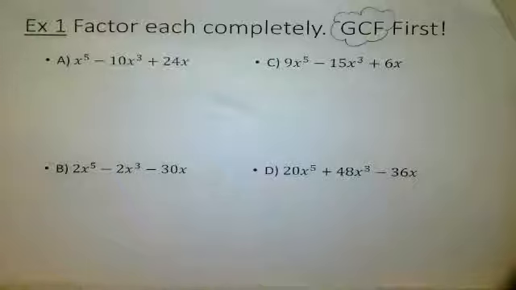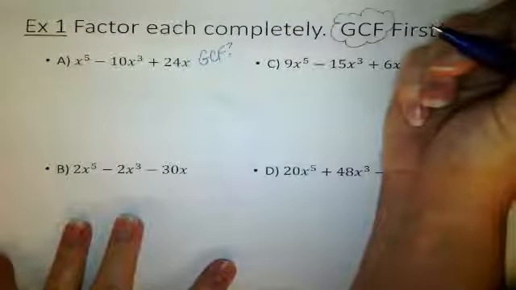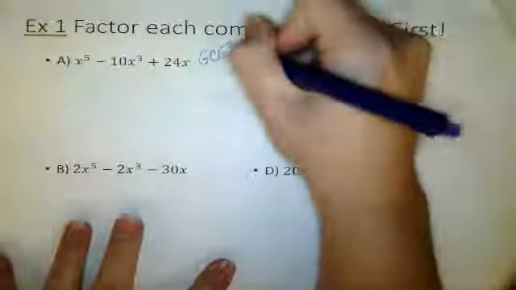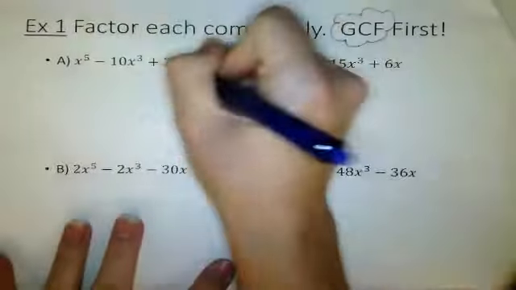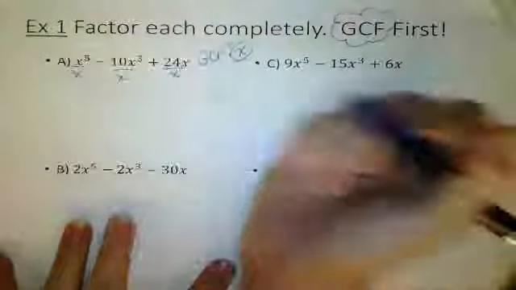All right, we have x to the 5th minus 10x cubed plus 24x. First, is there a greatest common factor? X. There is an x. We can take an x out of every single term here.